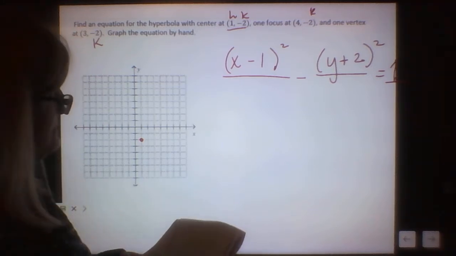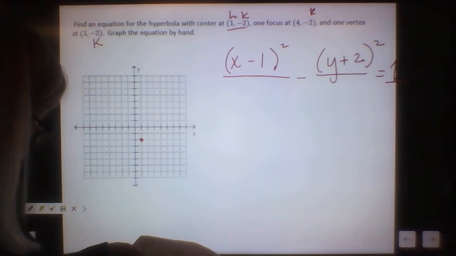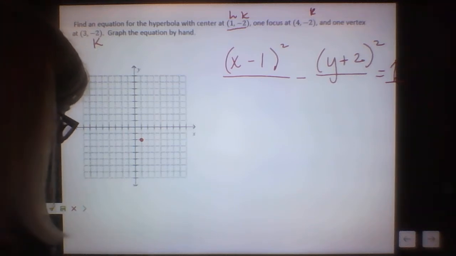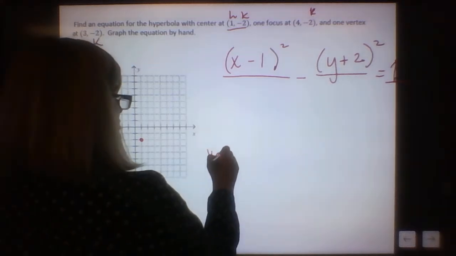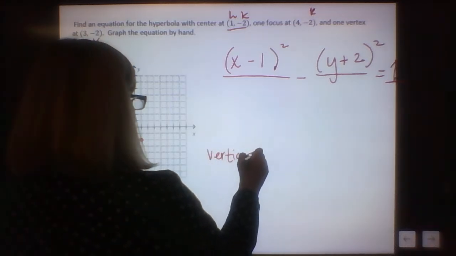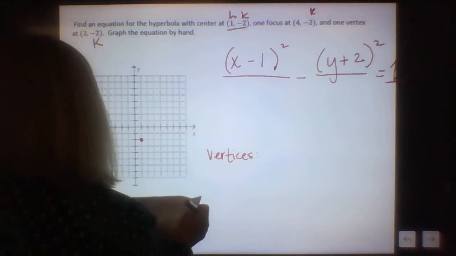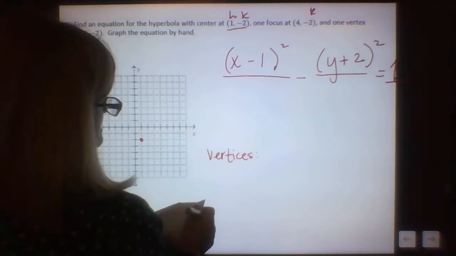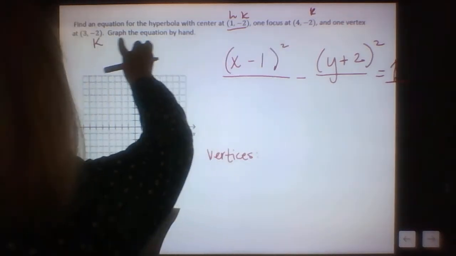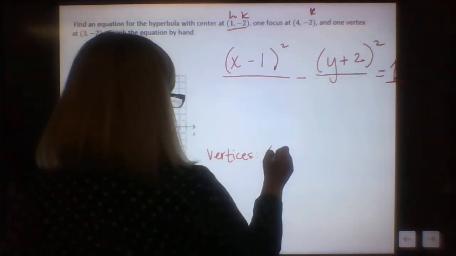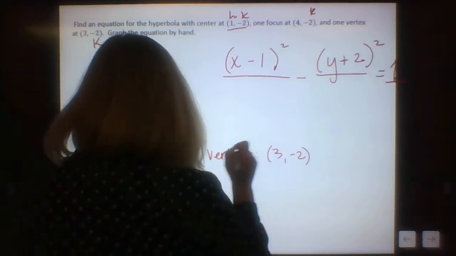Okay, so let's see. What do we know? We know H and K. Let's see, vertices. One vertex is at 3, negative 2.